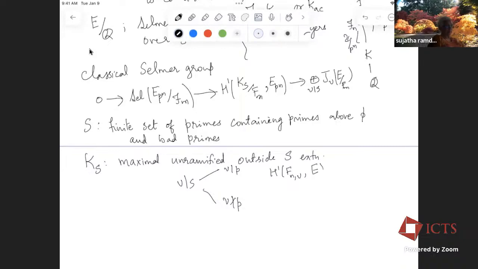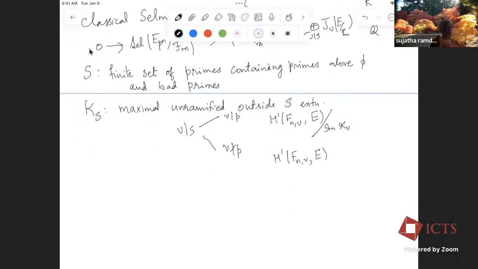Take E here, and then you go modulo the image of the Kummer map. This is for the classical Selmer group. And for the others, you just retain. So you're killing some part, and you can vary what you want to kill, and then you get different kinds of Selmer groups. But for the classical Selmer group, what's killed is the image of the Kummer map.